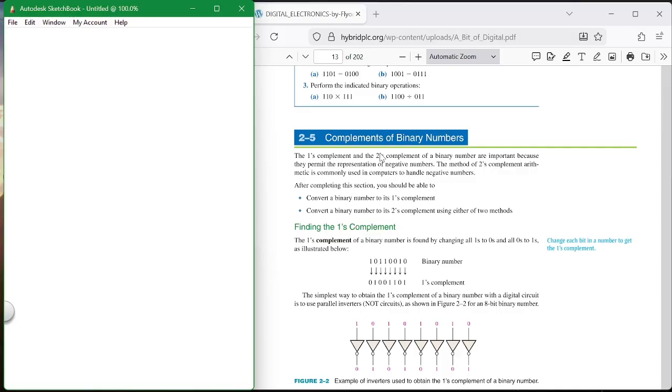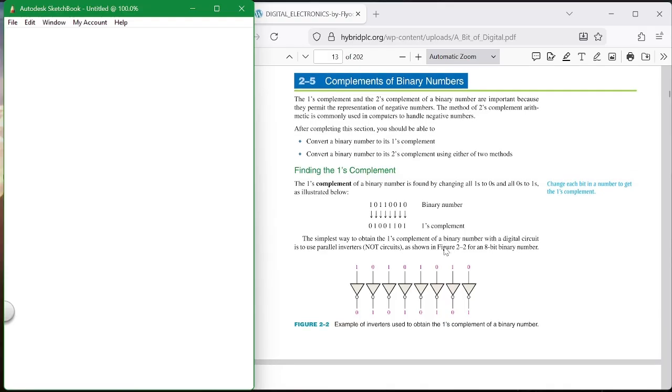Complement means the opposite of something. So what would be the opposite of a positive number? It's a negative number, right? So how do you find the complement of a binary integer, or of an integer? Okay. Well, in order to find the negative of a number, you flip the bits and add 1.